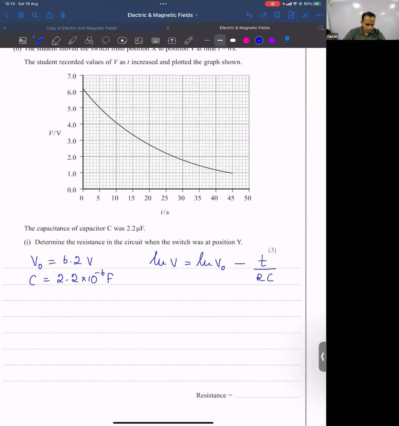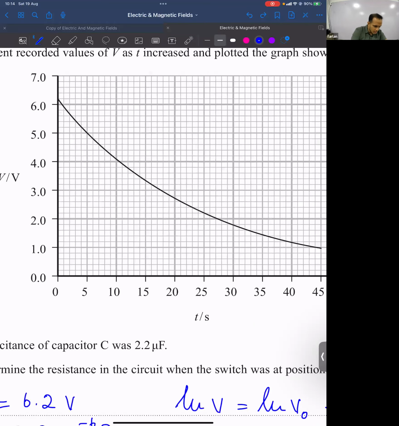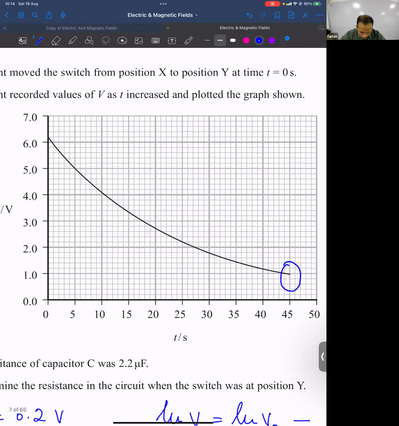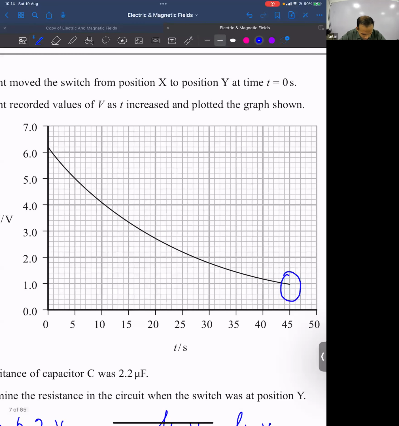Take another point which is definitely not close to the initial point, but with clear coordinates. 45 and 1 is better. It looks slightly off, so you can take 40. 25 and 2.2 looks perfect.